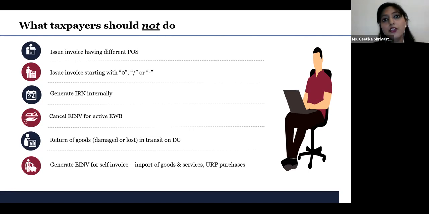So this needs a process change at your end. In case you have any transaction where a particular invoice has multiple POS, you need to break those invoices and issue two separate invoices, because while the e-invoice portal doesn't have a different POS check, you will face the problem at the GST portal.